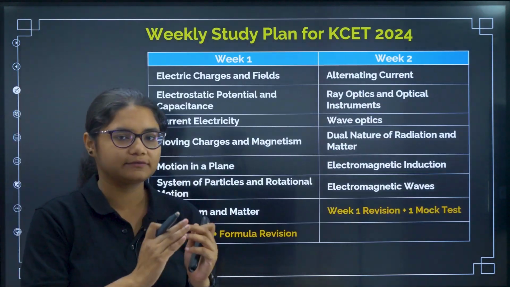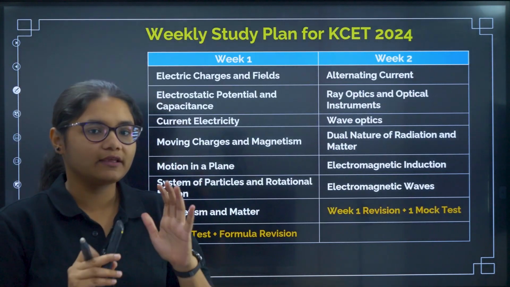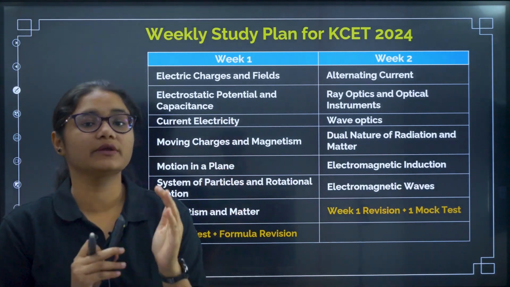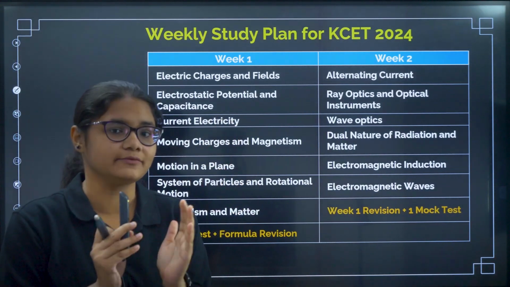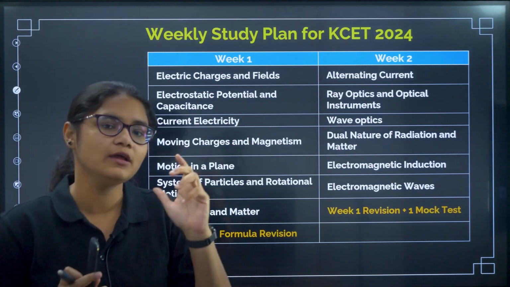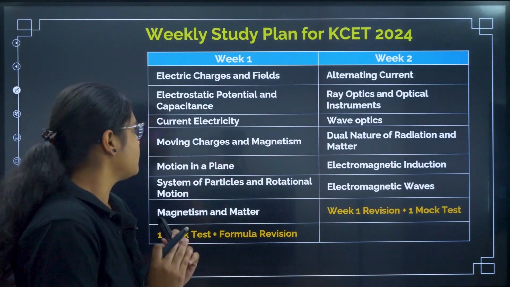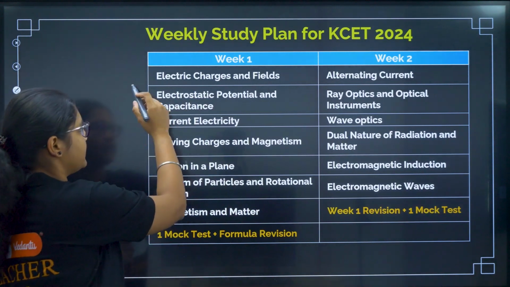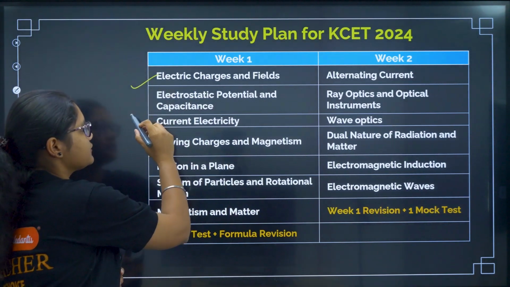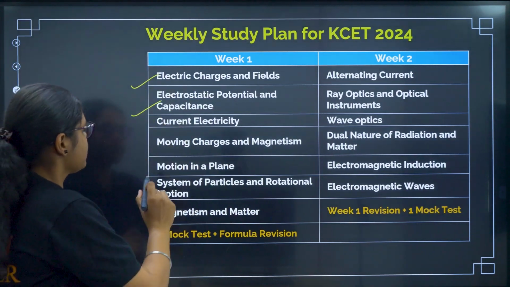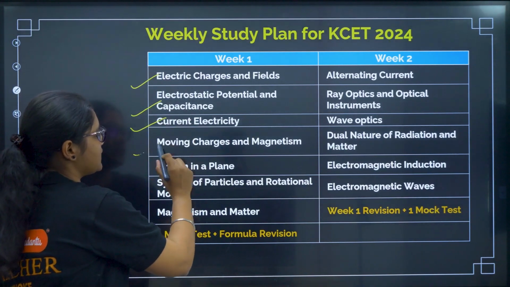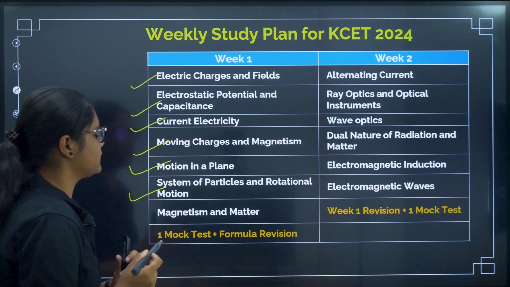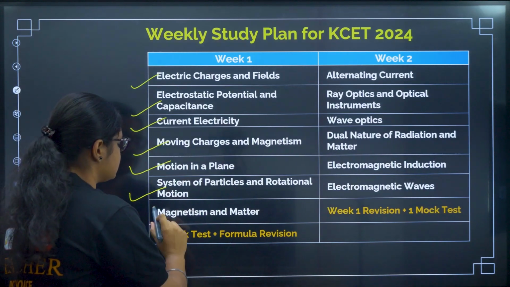Now as we know only 30 days are left, we are giving you a detailed plan of what chapters you have to do in week 1, so that you can complete the high priority chapters well in advance and get enough time to revise them. In week 1, you have to devote your time to finish these chapters: electric charges and fields, electrostatic potential and capacitance, current electricity, moving charges and magnetism, motion in a plane, system of particles and rotational motion, magnetism and matter.